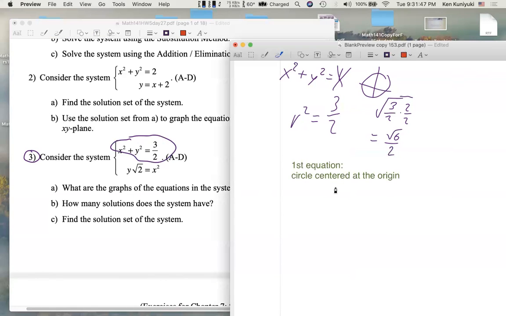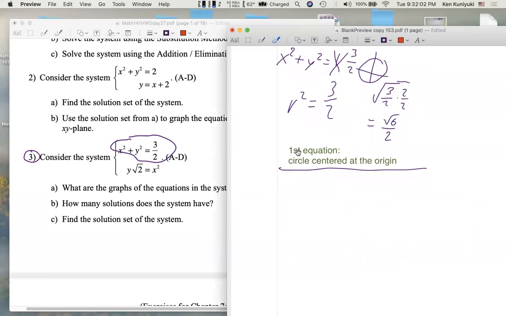Now the second equation, I guess I should put the 3/2 over here. For the second equation, y root 2 equals x squared.